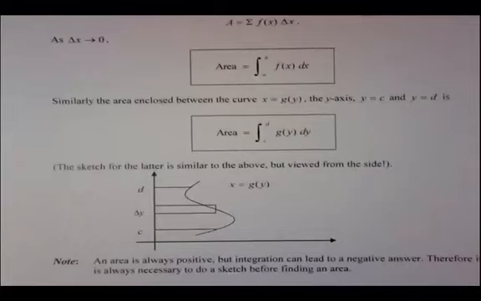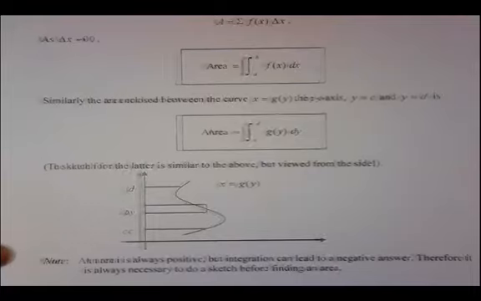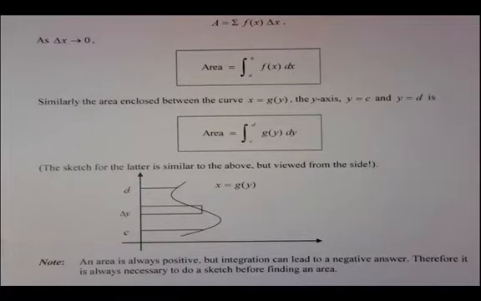Now, this last little bit at the bottom is important. Area is positive, yet you can calculate a definite integral and get a negative answer. That's because when you're working out the areas of your rectangles, you've got your width, delta x, times your height, which is f(x). But if your curve is below the axis, then f(x) will be negative. So you'll be summing up lots of negative numbers.